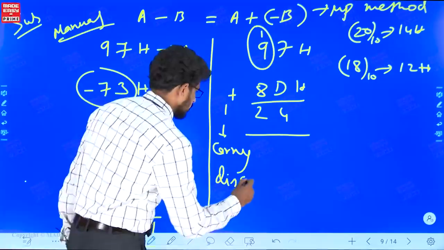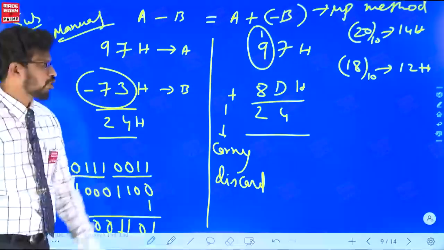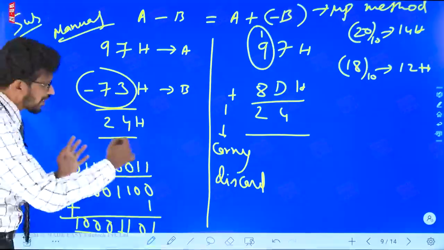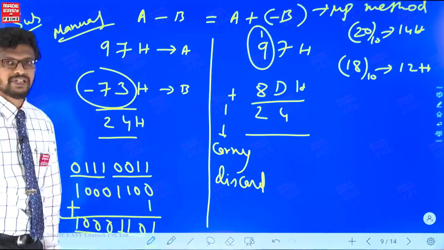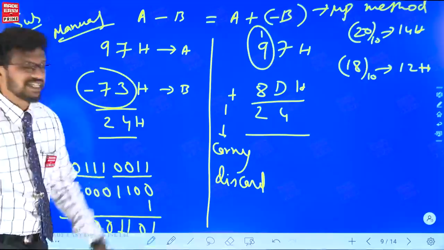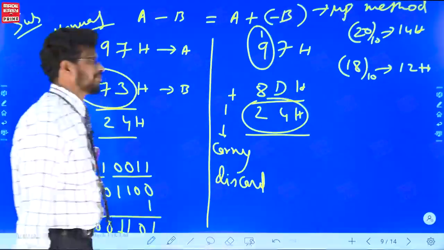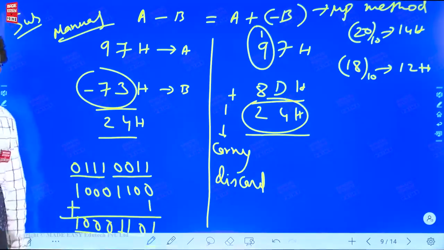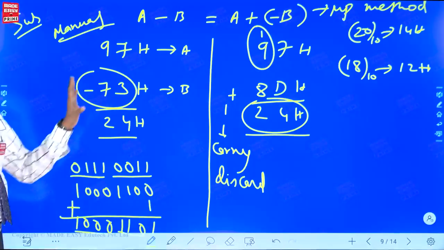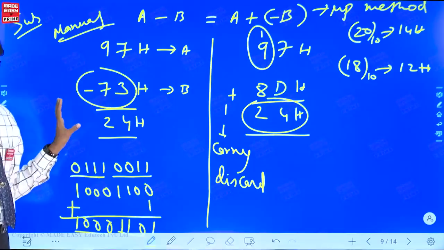This carry is internally complemented to make the result equivalent when operating with signed data and unsigned data. That is why we don't worry about this, we simply discard it. So the answer is the same. Are you able to follow? It means you can solve in either way, whichever is easy.